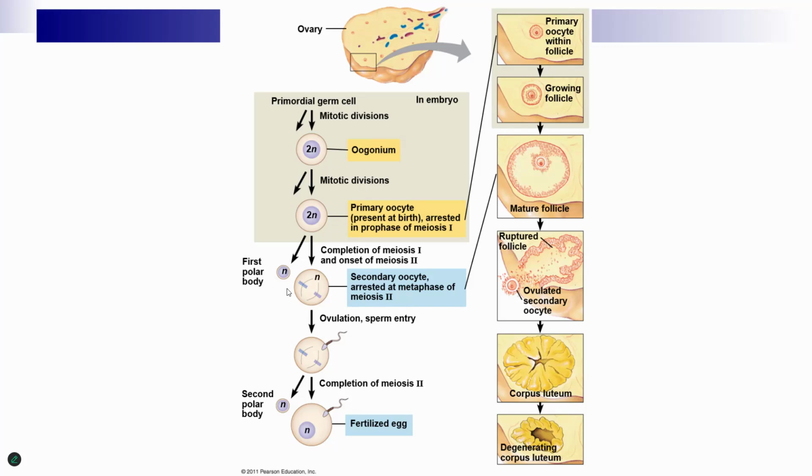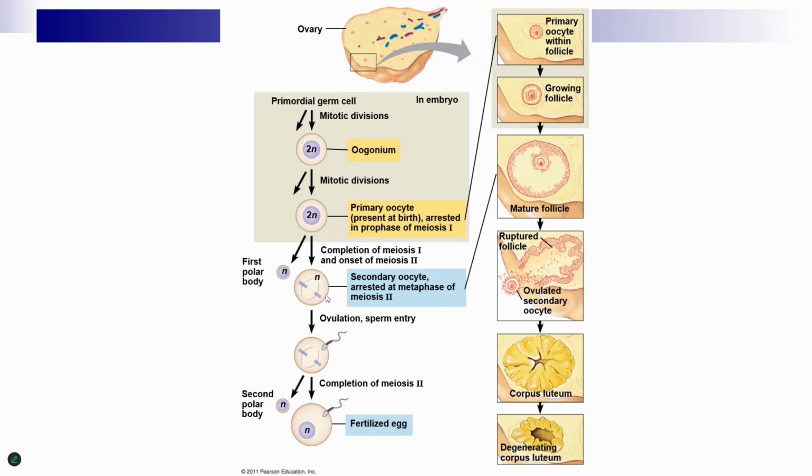And as it divides, in ovulation, one egg is going to be released, and it will finish the first division of meiosis, and it's going to release one polar body and one cell that will become an egg. So cell division, or cytokinesis rather, is uneven.